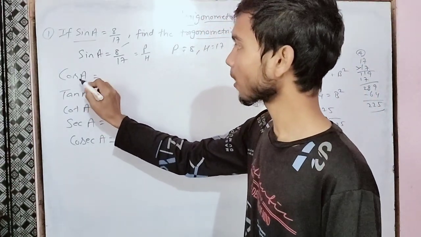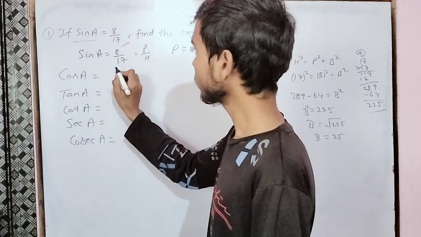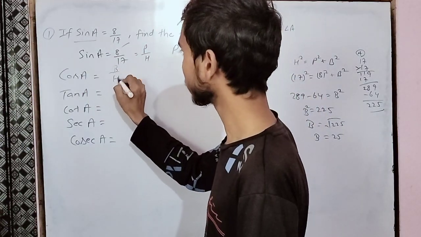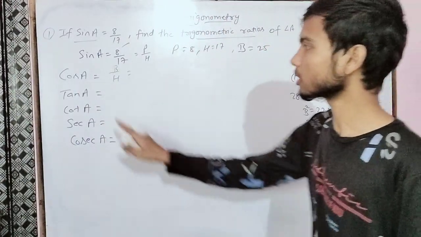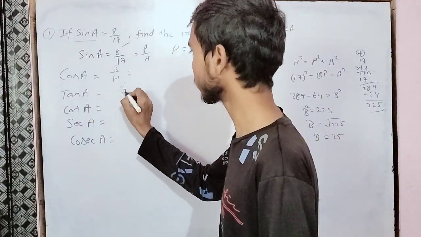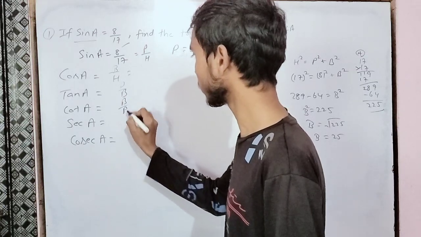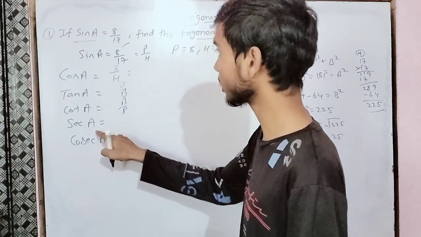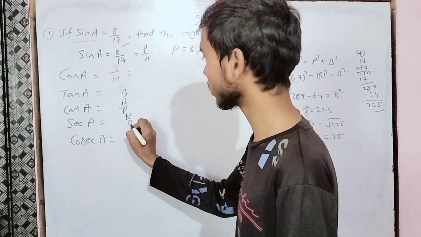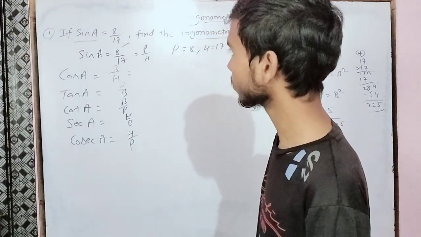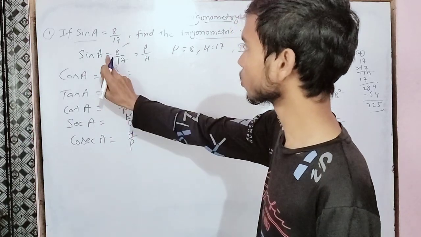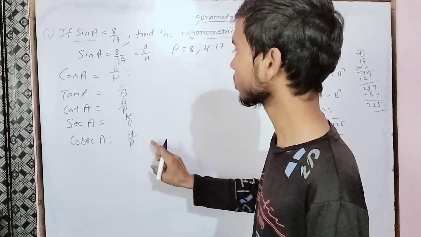Now cos A is equal to B upon H, isn't it? This is P upon H, this P upon B, B upon P, and H upon B, and H upon P, just the opposite of it.